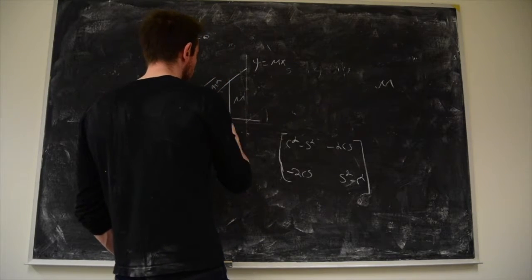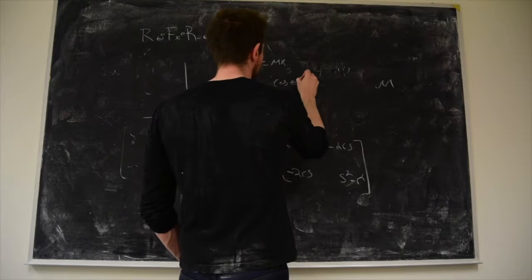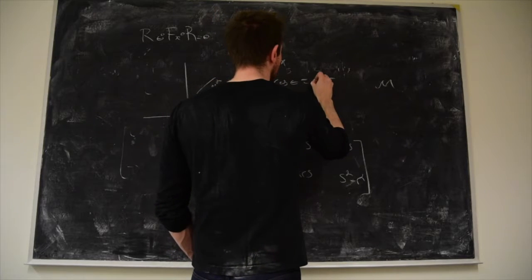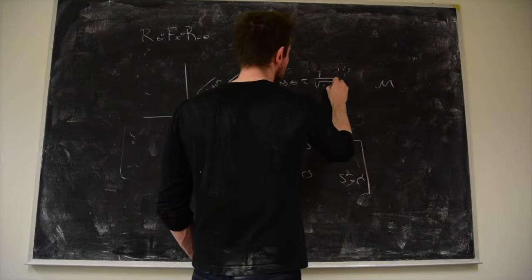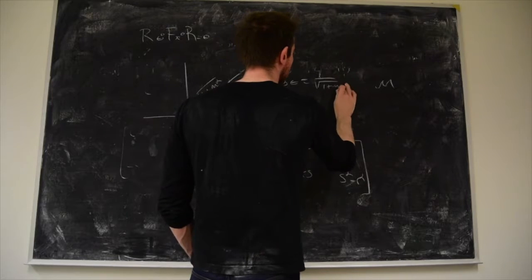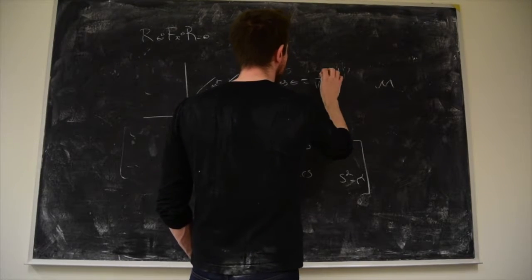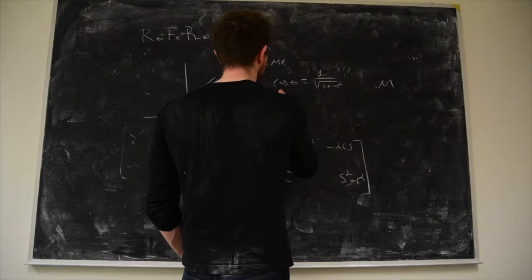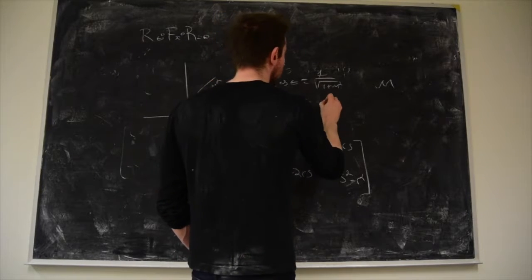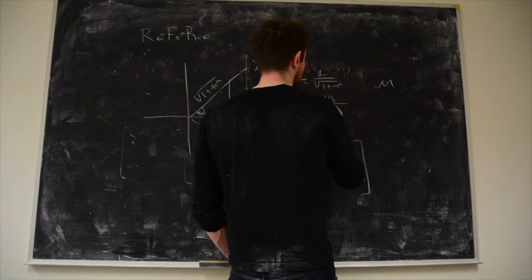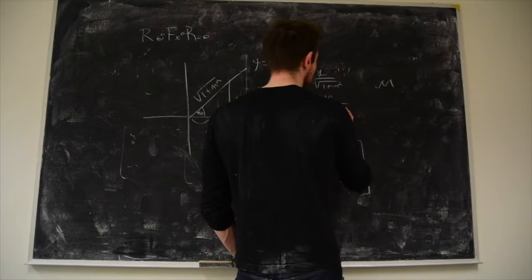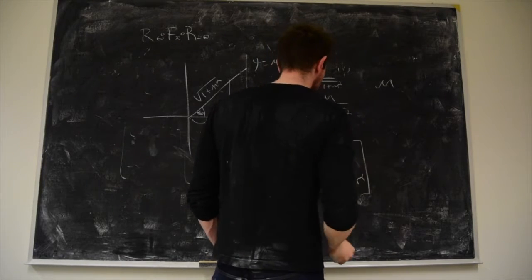And now I can get cosine theta is equal to 1 over root 1 plus m squared. This board does not erase properly. And sine of theta is equal to m over root 1 plus m squared.